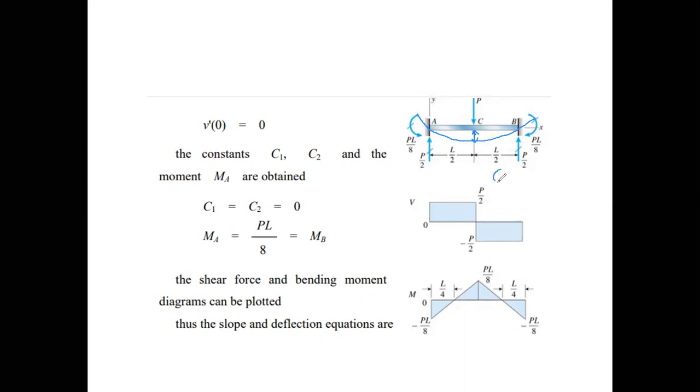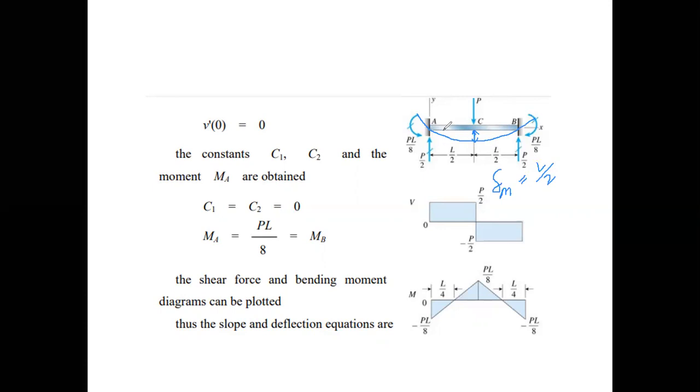So we can clearly see that delta max will be at L by 2. In this case also, delta max will be maximum at the center, because the ends are fixed, so they will not be able to deform, though a certain rotation will be there.